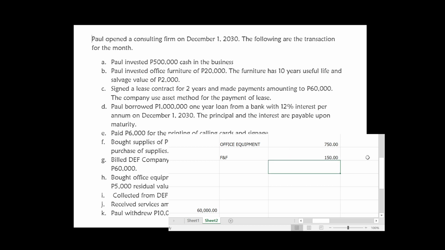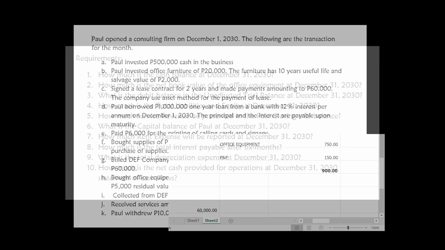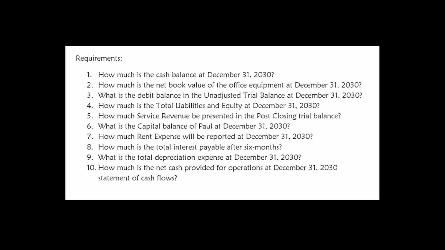So, ibig sabihin, yung 1 month na depreciation natin is 150 for furnitures and fixtures. So, add lang natin yan, 150 and 750, that is 900 pesos. So, ito yung sagot natin para sa question number 9. Total depreciation expense at December 31, 2030.